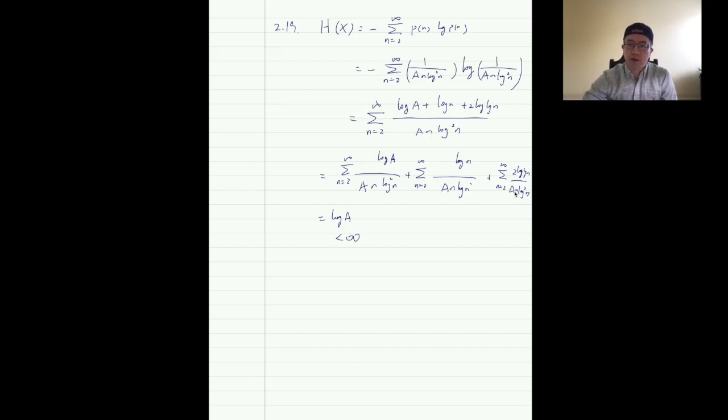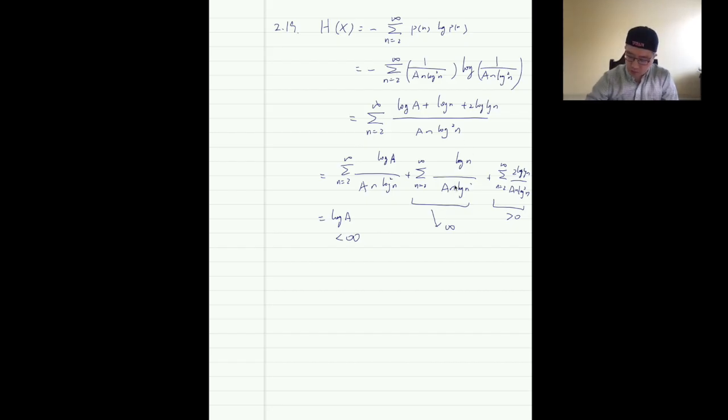And for this one, we know it's bigger than 0. For the second term, we're going to show that it goes to infinity. Let's see how we can show that. It's not very hard.